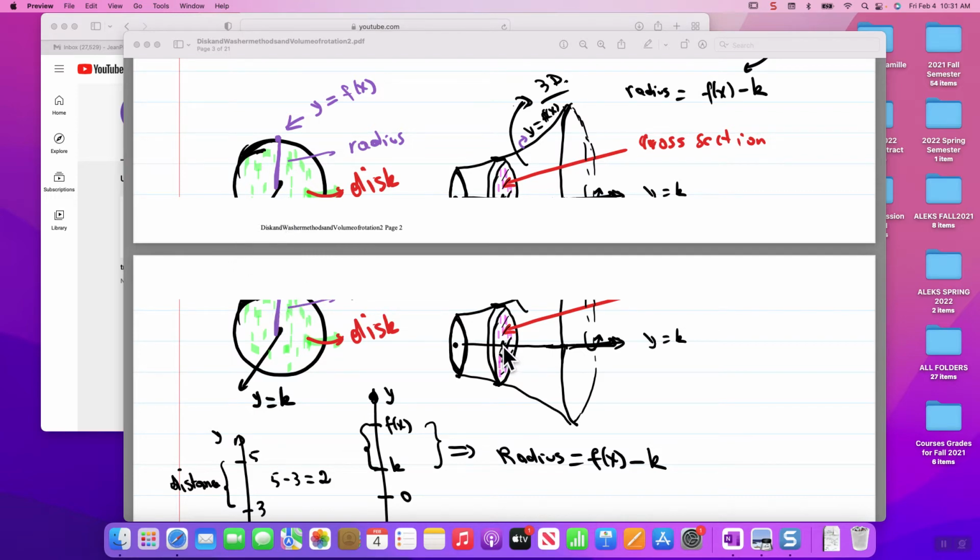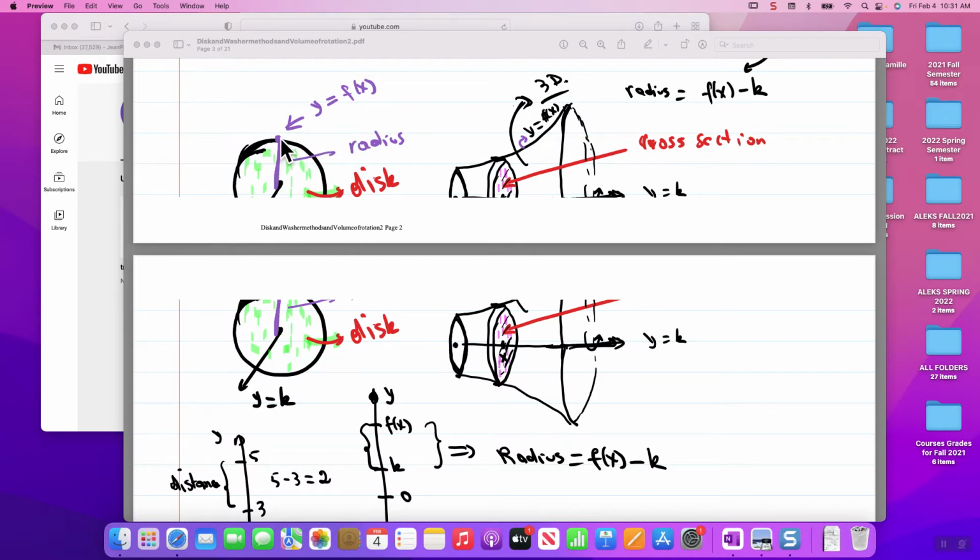The center of the disc is at the line of rotation, y equals k, as I wrote here. But the top part of the disc is where the curve y equals f of x is. So the top point is y equals f of x.